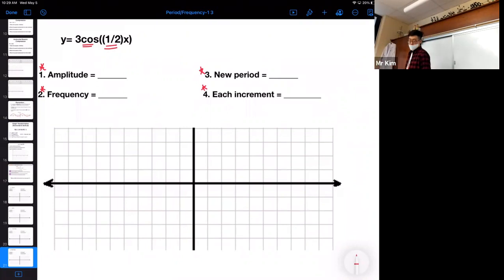For the new period, you put 2 pi over what b is.